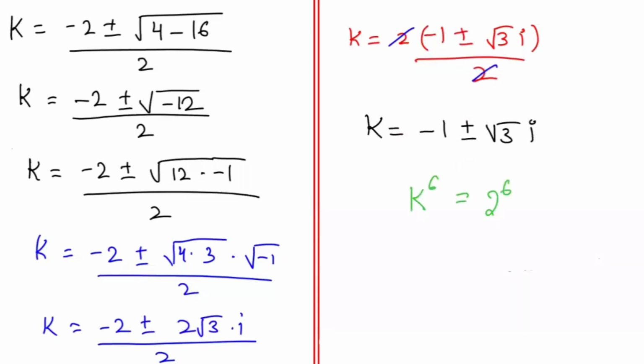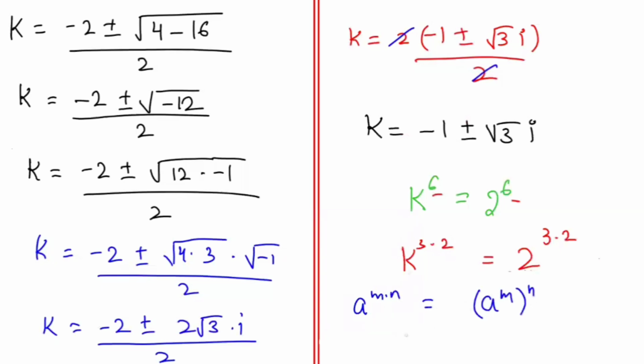So here I am going to split the powers first. So k to the power of 3 times 2 is equal to 2 to the power of 3 times 2. Now here I am going to apply the exponential rule. A to the power of m times n is equal to a to the power of m and whole to the power of n.